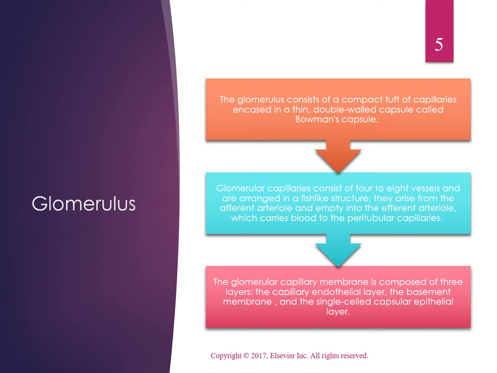The basement membrane consists of a homogeneous acellular meshwork of collagen fibers, glycoproteins, and mucopolysaccharides. The basement membrane determines the permeability of the glomerular capillary membrane, since it is not porous like the endothelial and epithelial layers.